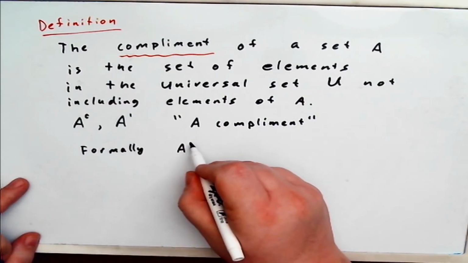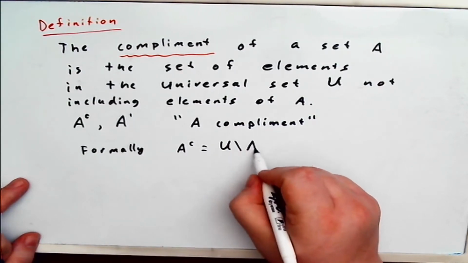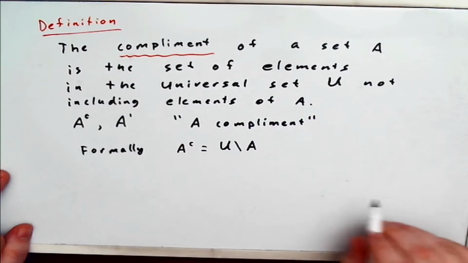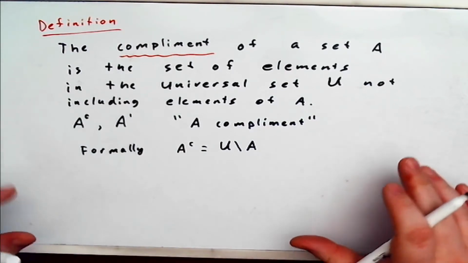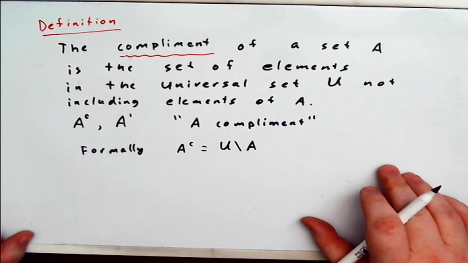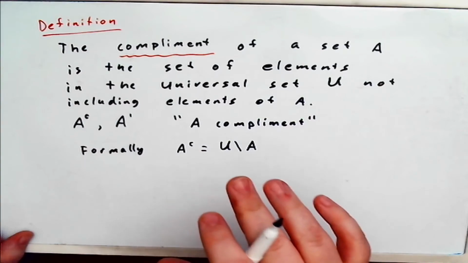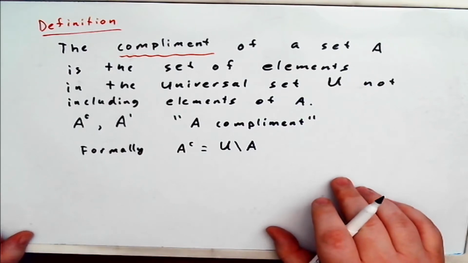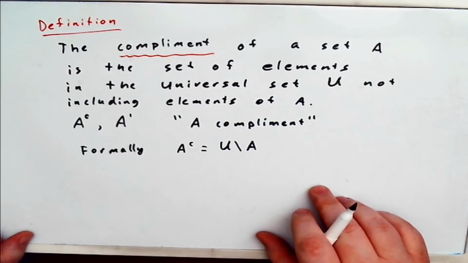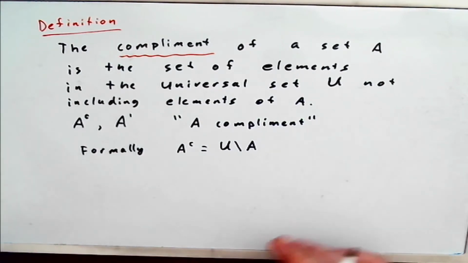So A complement is the set U, the universal set, subtract the elements of A. If we think of the universe as being all the numbers or all the elements or all the objects that we're talking about in a particular context, then the complement of A is everything in that universal set except for the values of A. So it's kind of like the opposite elements, or every other element except for the elements in A. Okay? All right. So we're going to do one big example. It's going to deal with all of these operations that we've talked about today. Okay.